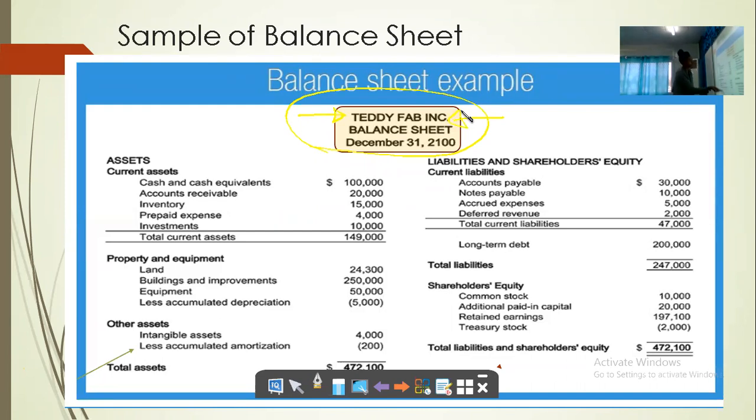What sort of financial statement is it? Balance sheet. And what's the accounting period here?